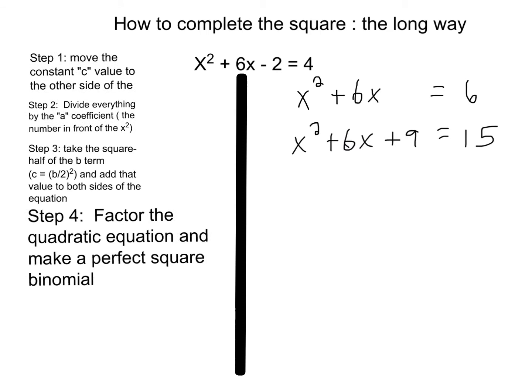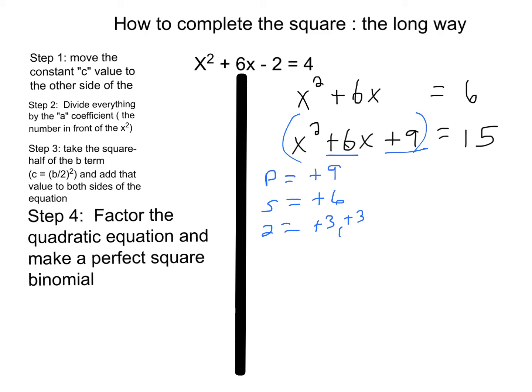Alright, step 4, factor the quadratic equation to make a perfect square binomial. So we're going to factor this guy right here. We're going to use our PS2, or you can use whatever method you're familiar with. My product is positive 9. The sum is positive 6. So the two numbers that multiply to 9 but add to 6 are positive 3 and positive 3.